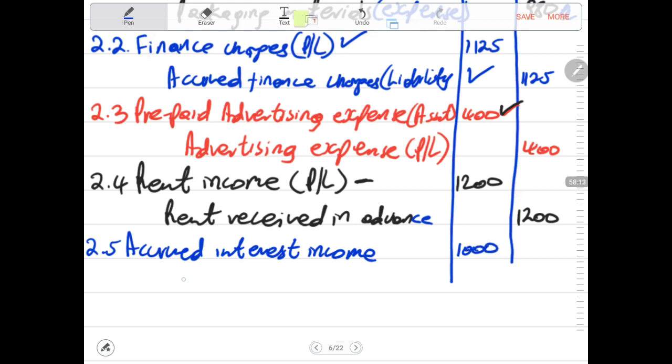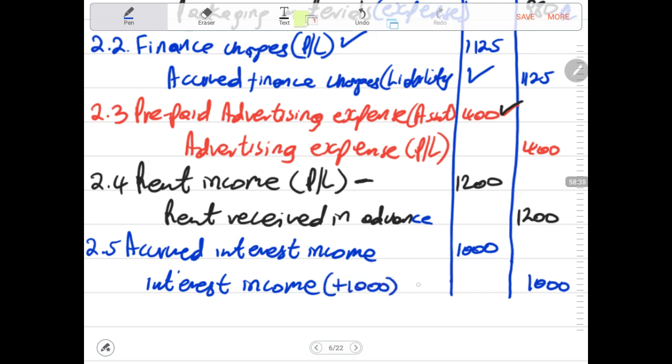Then our interest income is supposed to increase. This will be our interest income, 1,000 rands is the correct amount. In other words, the interest income is supposed to increase by 1,000. Remember, interest income is recorded in the statement of profit or loss.